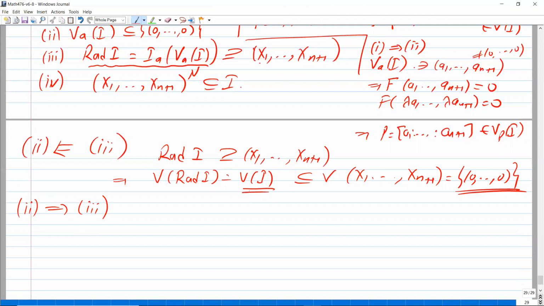So let's see whether x1, ..., x(n+1) is in the radical.